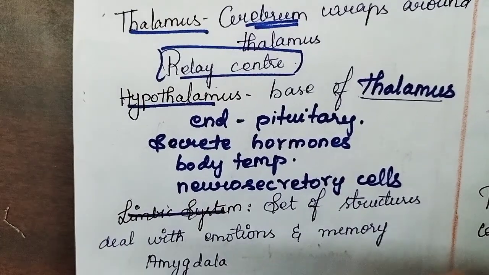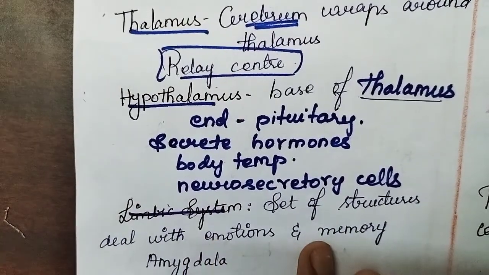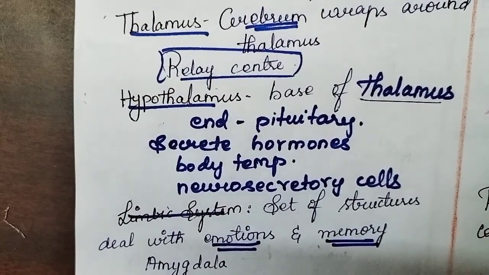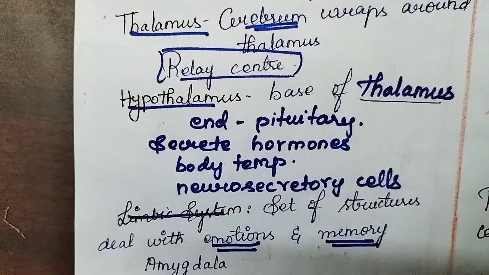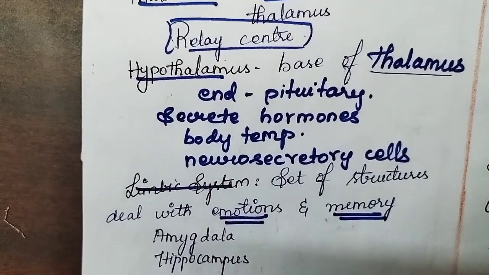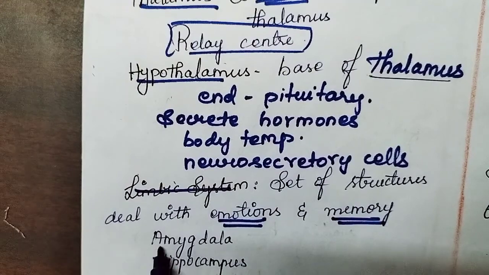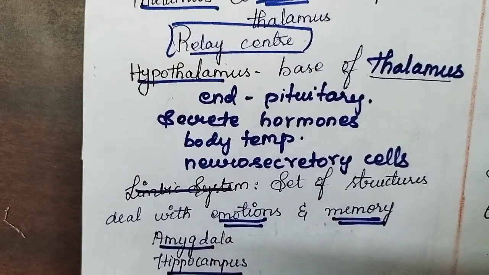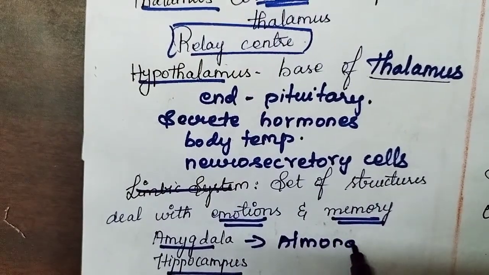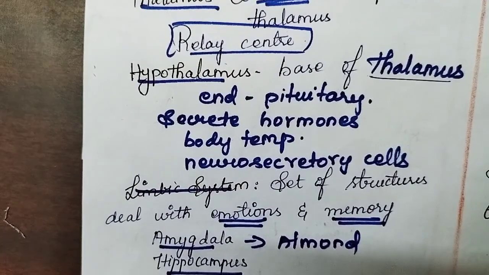Next is the limbic system. It is a set of structures that deal with emotion and memory, like pleasure, anger, desire, and the sexual act, all of which are controlled by the limbic system. This limbic system has two parts, the amygdala and the hippocampus. What is the amygdala? It is also referred to as the almond shaped part of the brain.